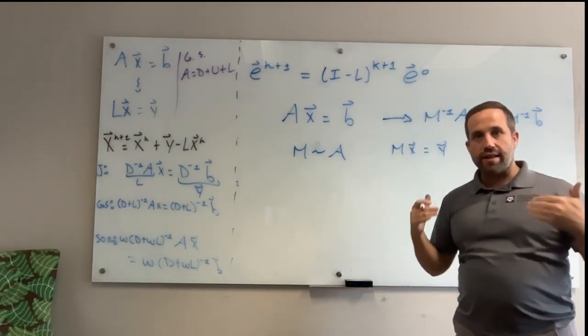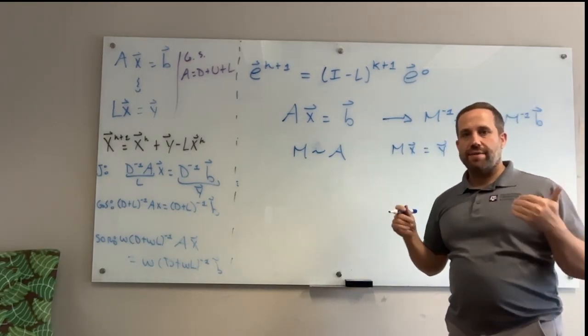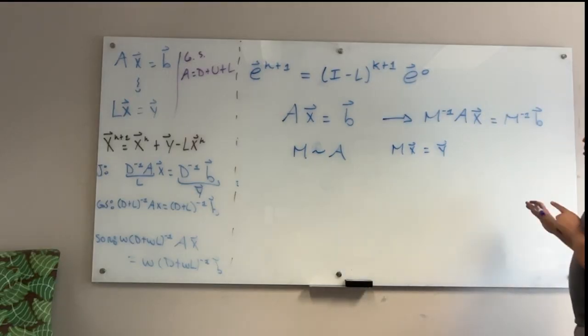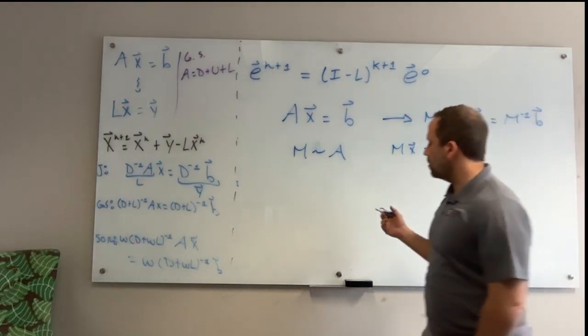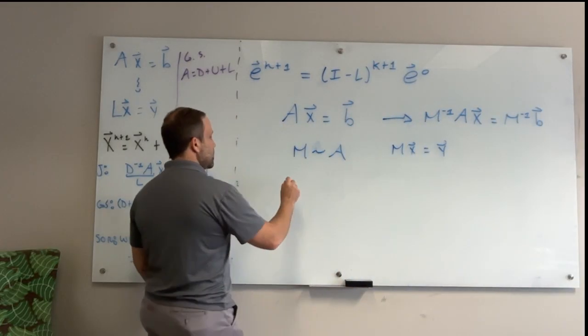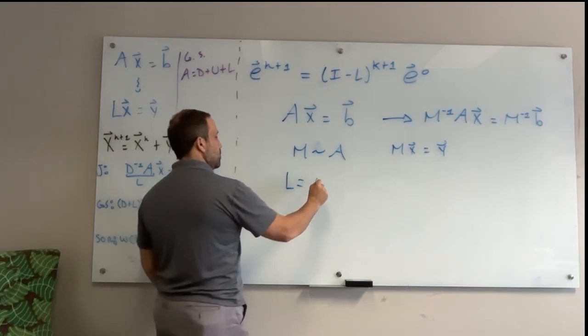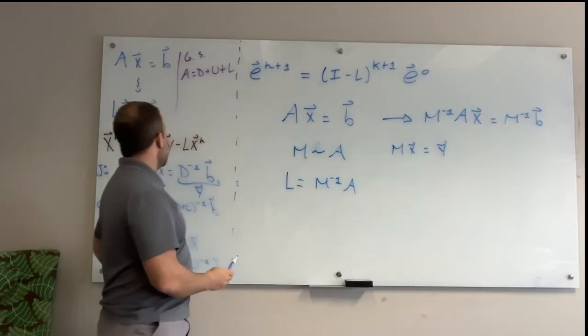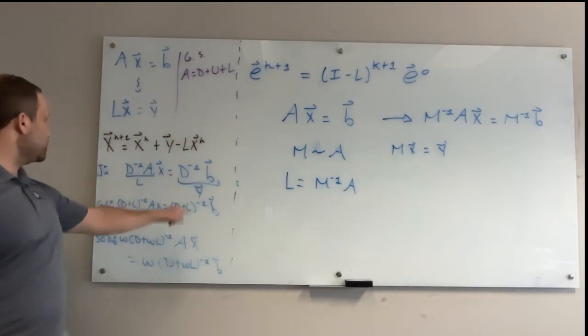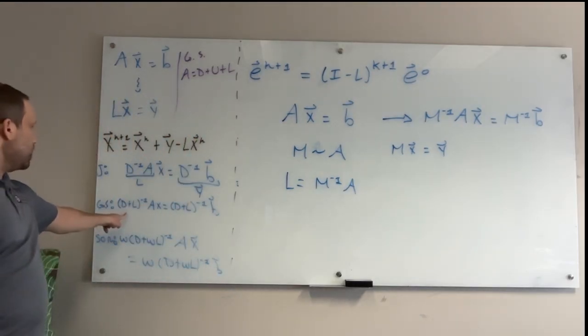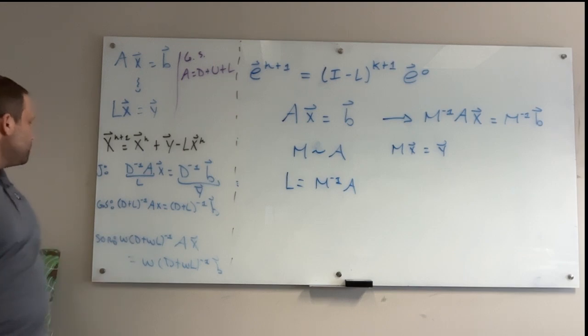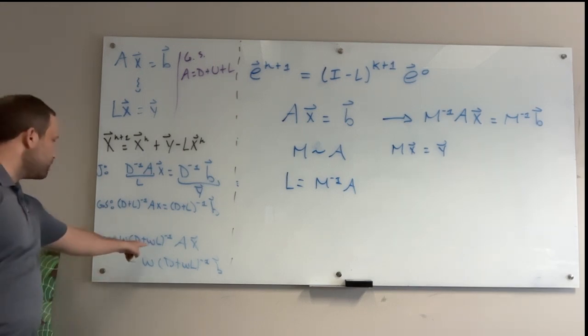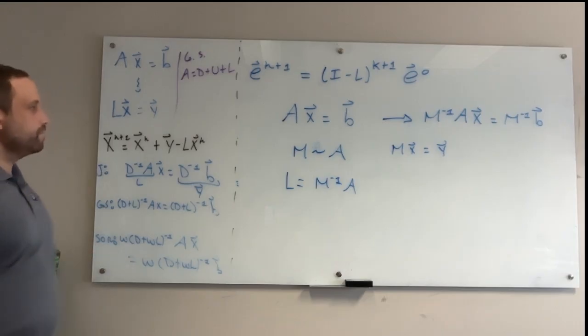So qualitatively less time in this sense. Because notice what's going to happen. If M is approximately equal to A, then our new matrix L, which will be M inverse times A, so over here, like for Jacobi, M would be equal to D, for Gauss-Seidel, M would be equal to D plus L, and for the SOR, M would be equal to D plus omega L divided by omega.